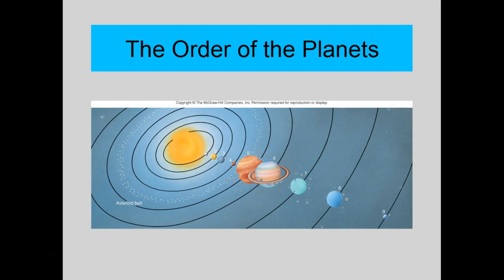Okay, Jupiter, they call them giants for a reason. 318 times the mass of the Earth. Saturn, 95 times the mass of the Earth. Uranus, 15 times the mass, and Neptune, a little more than 17 times the mass. So those gas giants are indeed giants.